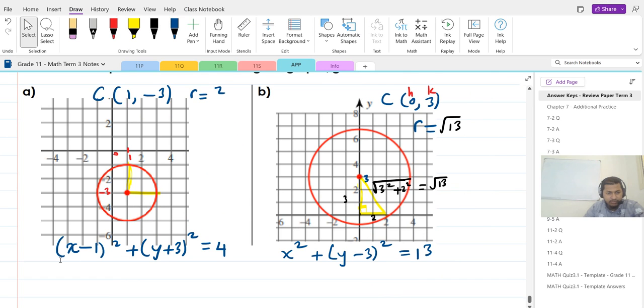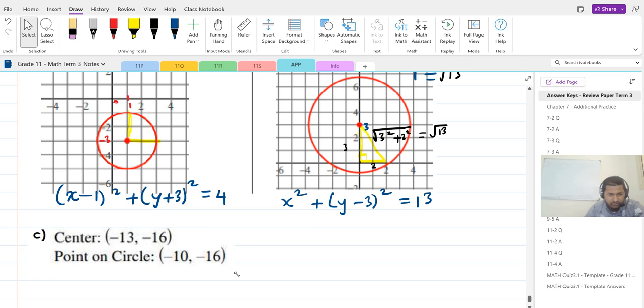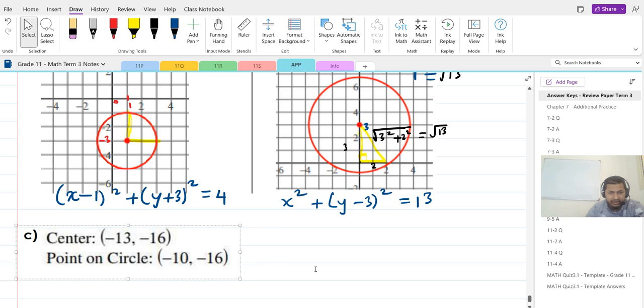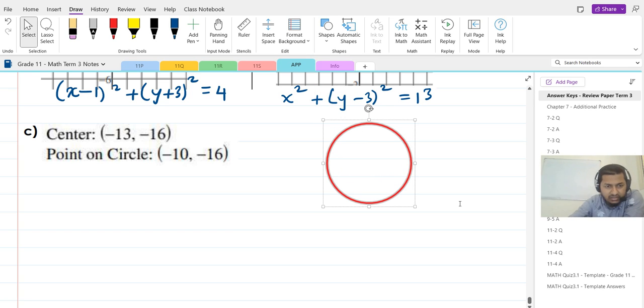Just the information provided here. It's important to draw a picture diagram to understand the problem much better. If I draw a circle, remember horizontal and vertical lines are missing here. If I put a point on the circle, we've got negative 13 and negative 16, so negative 13 will be more towards the left. The center is (negative 10, negative 16).